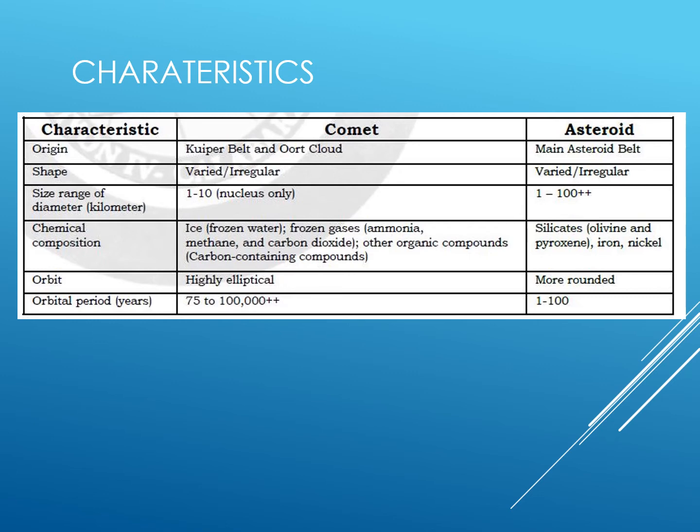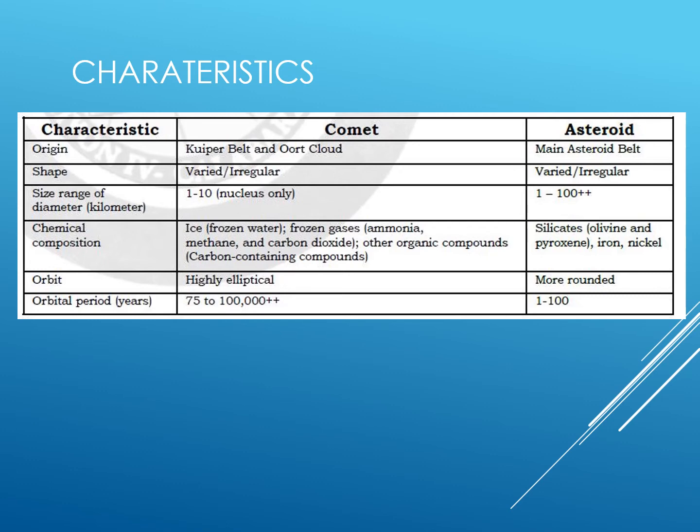For chemical composition, comets are made of frozen water or ice and frozen gases: ammonia, methane, and carbon dioxide. Other organic compounds, like carbon-containing compounds, are also present. Asteroids are made of silicates, olivine, and pyroxene.